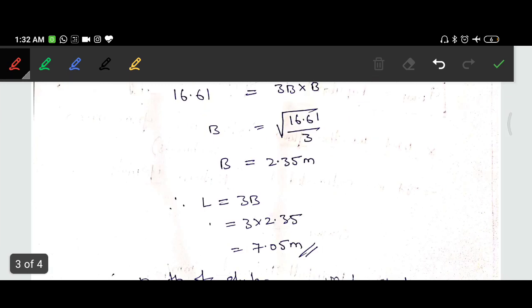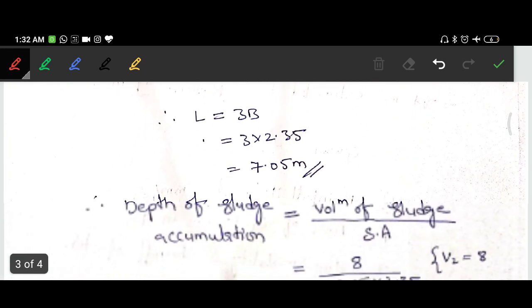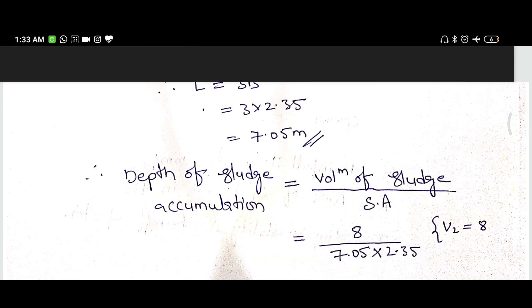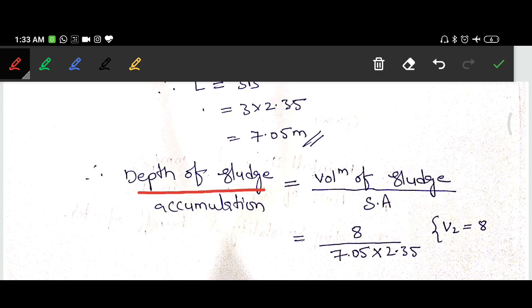So now we have got the length and the width. Now we are going to find the depth of sludge accumulation. The formula is volume of sludge by surface area. The volume of sludge we got is 8, upon the surface area, that is L into B. We put the values here, 7.05 into 2.35.